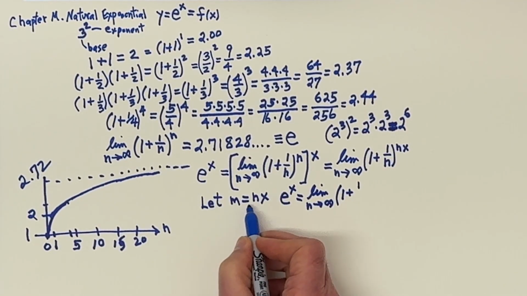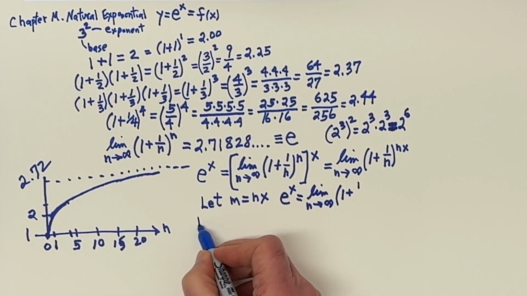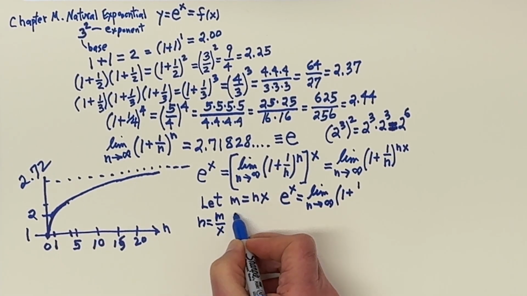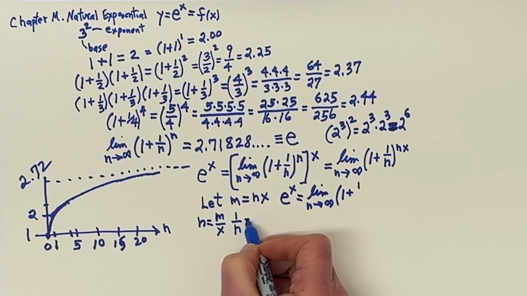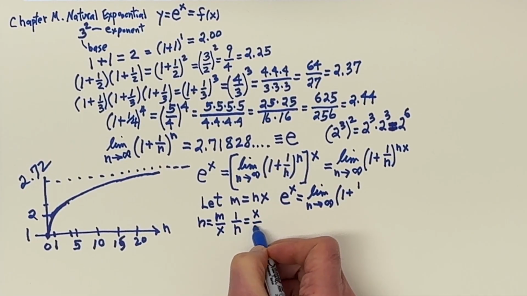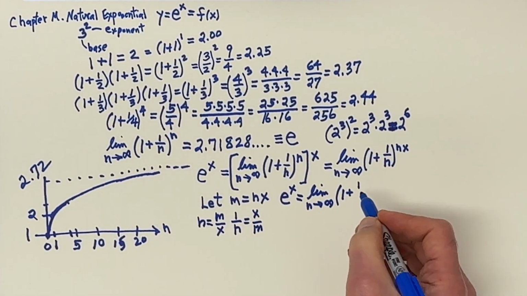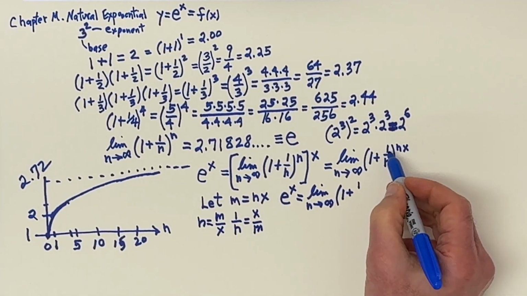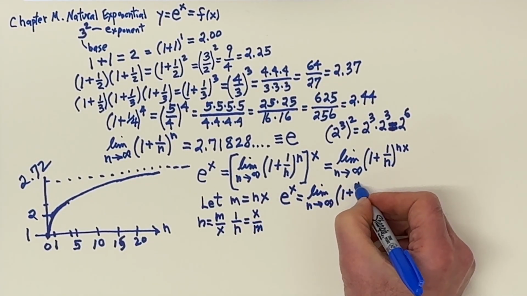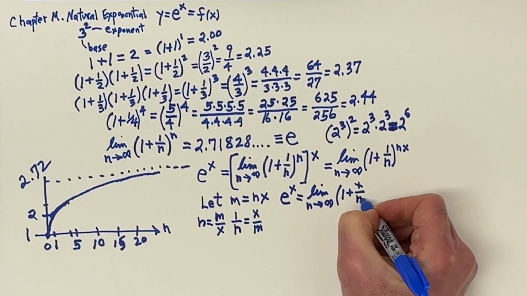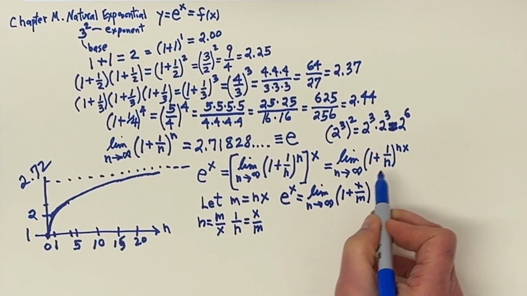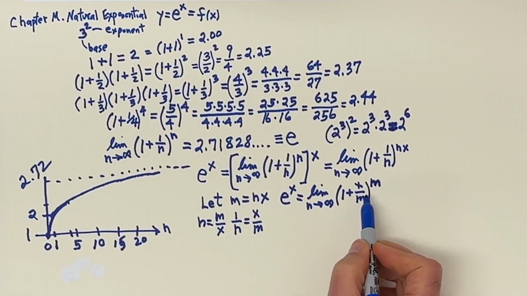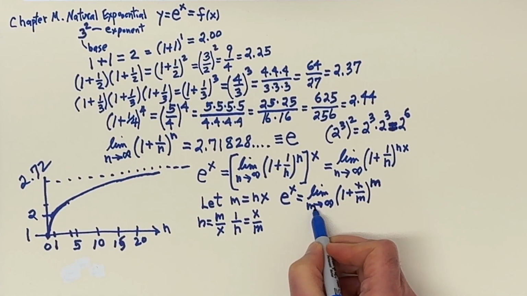Well, n is equal to m over x, and 1 over n would be then x over m. So I'm going to replace the 1 over n part with x over m, and then for the nx, m, and we need to make this an m.